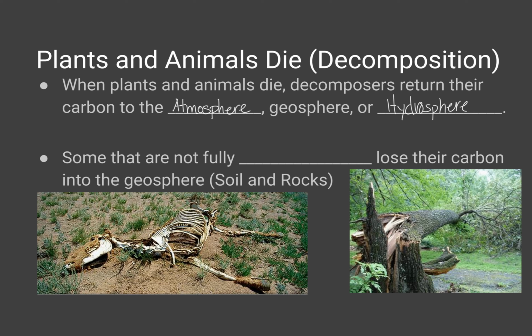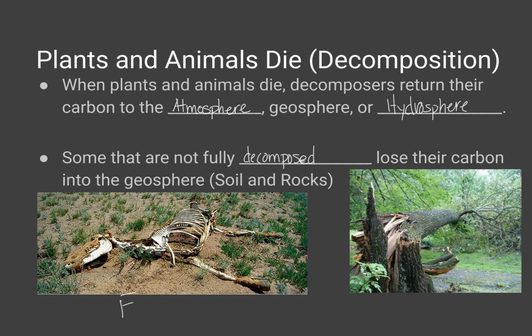And then sometimes, if the animal or plant is not fully decomposed, they can lose their carbon into the geosphere with soil and rocks. And really what we're thinking of here is not just the carbon that becomes the rock, but the whole life form itself becomes a rock.